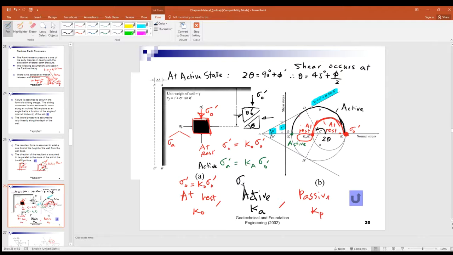So sigma naught dash is the vertical stress, and the horizontal stress equals what? Active, Ka, right?